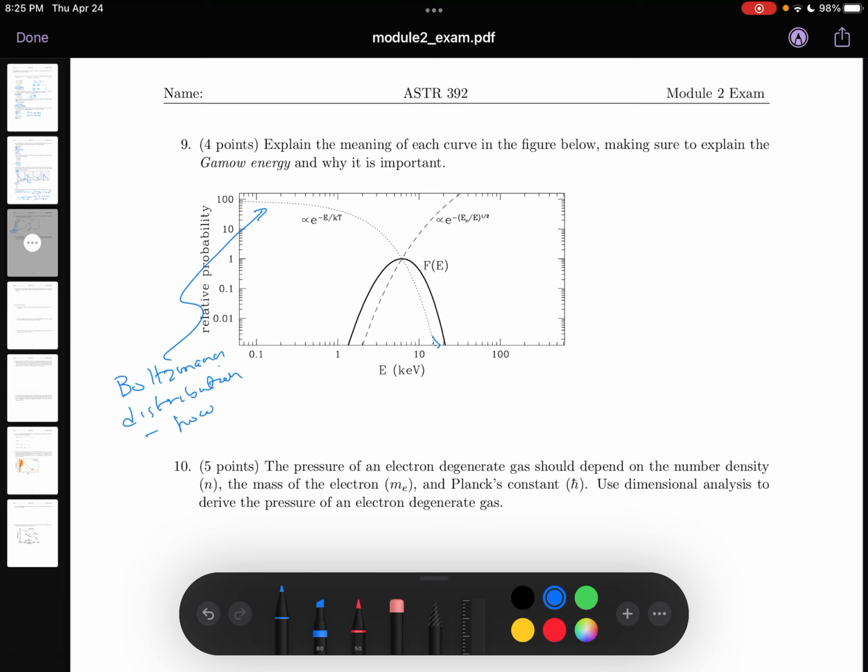So basically the number of particles goes down as the energy increases. Okay, and then this one over here, that curve, e to the 1/2, this is the probability for tunneling.